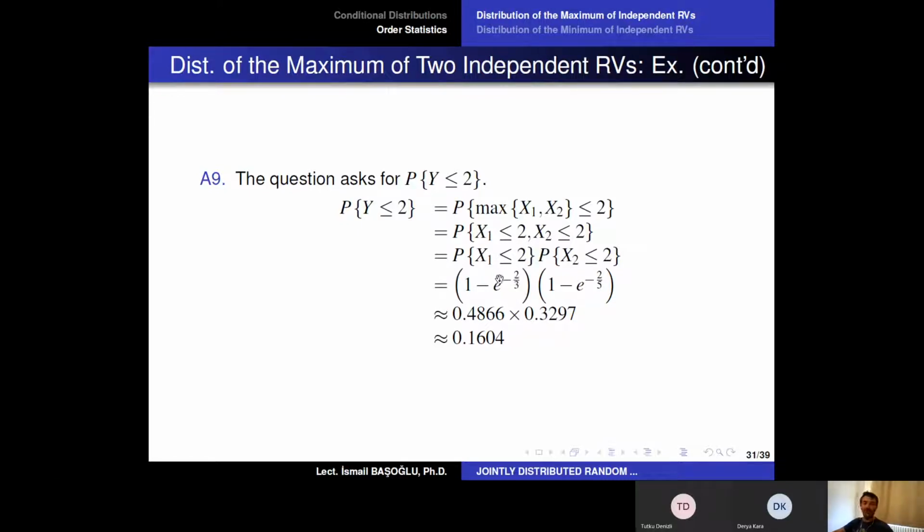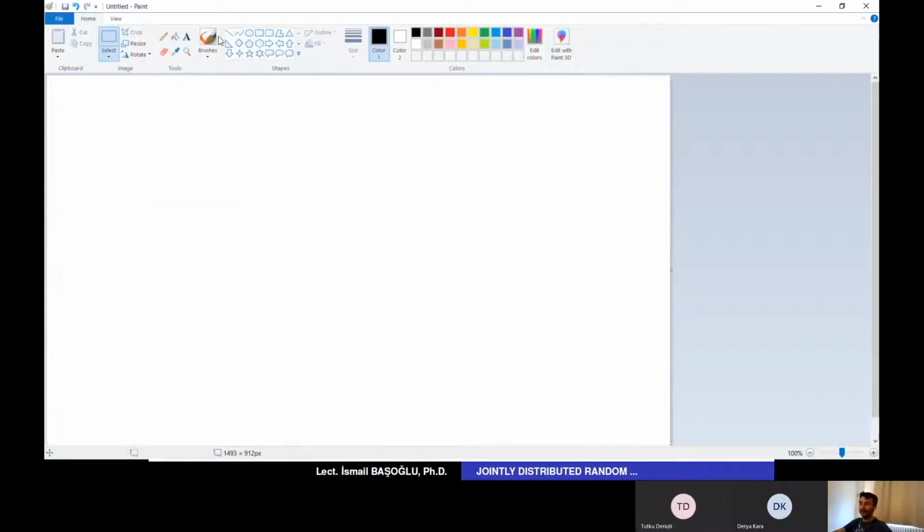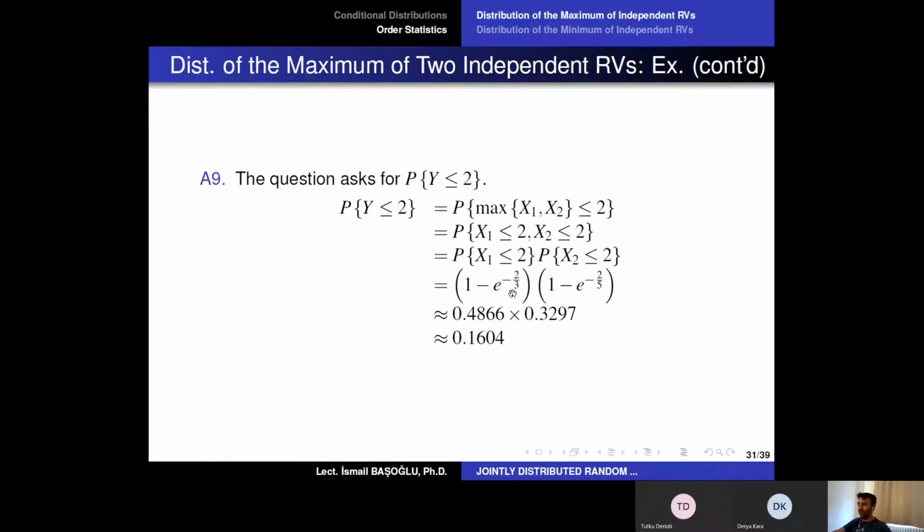So let me show you the CDF of an exponential random variable, which was 1 minus e to the power minus lambda x. So lambda is 1 over 3 and x is 2. Therefore, we have 1 minus e to the power minus 2 over 3. And for the second random variable, the rate parameter is equal to 1 over 5.